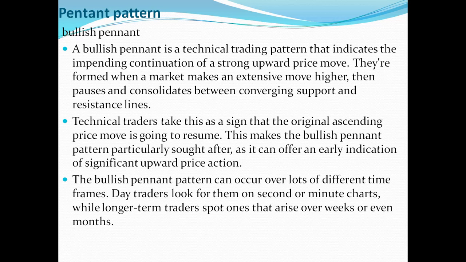Technical traders take this as a sign that the original ascending price move is going to resume. This makes the bullish pennant pattern particularly sought after, as it can offer an early indication of significant upward price action.